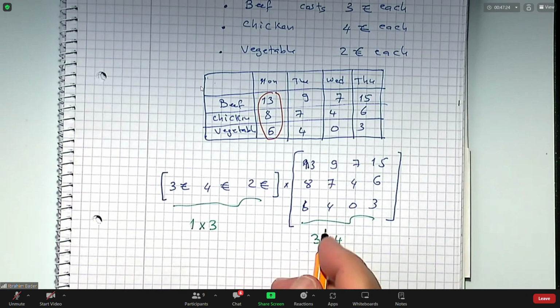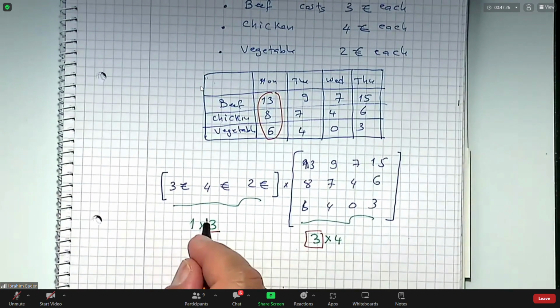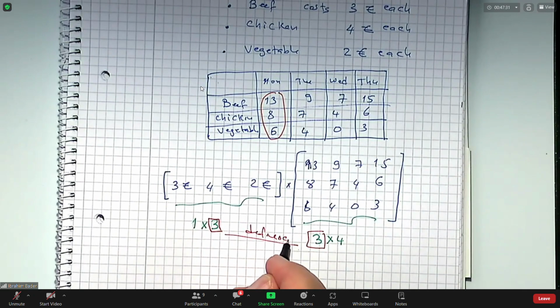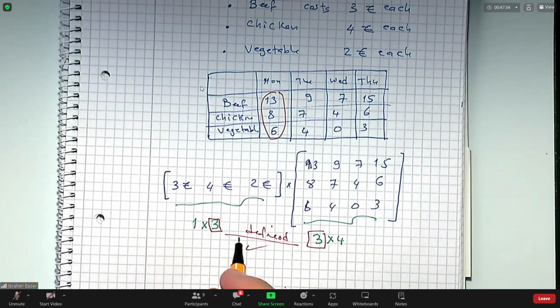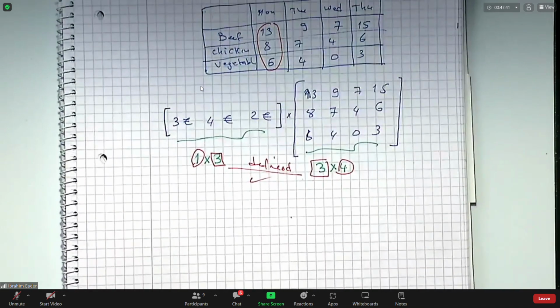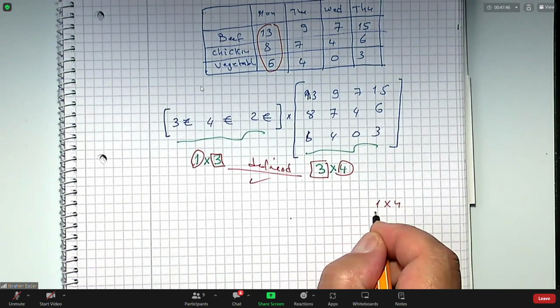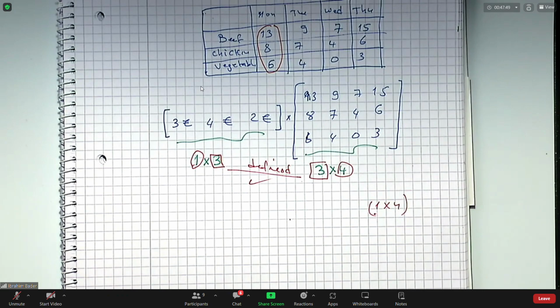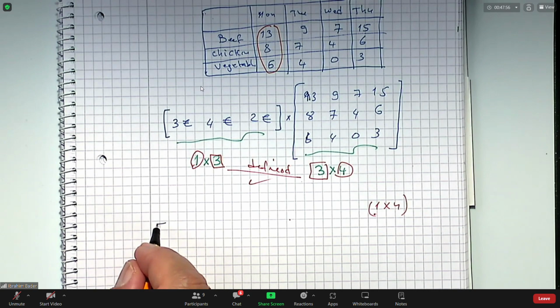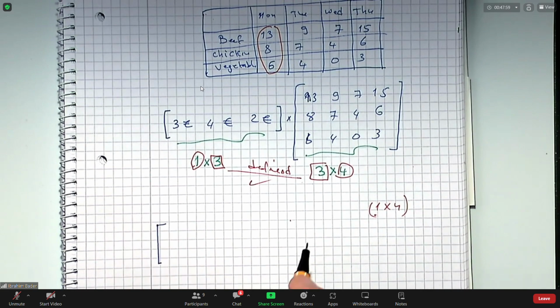First of all, it's defined because these are equal, so this operation is defined. Now the outcome here is going to be a 1 times 4 matrix. So the result has one row and 4 columns. How to find this?